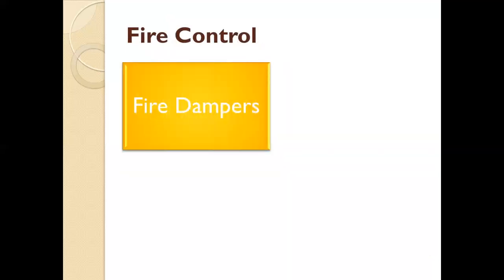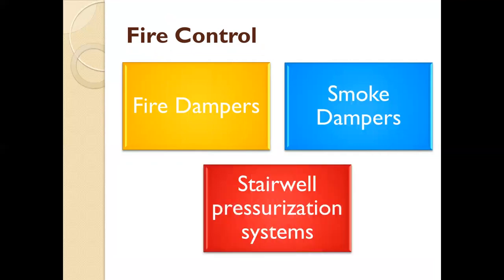So for fire control, we have fire dampers, smoke dampers, and stairwell pressurization system. First, fire dampers, these are installed in ductwork where the duct penetrates walls and floors. The dampers, which limit the spread of fire, are usually activated by the melting of a link that holds them in their normally open position. For smoke dampers, these are installed to inhibit the movement of smoke through ductwork, and smoke dampers are controlled by smoke sensors.